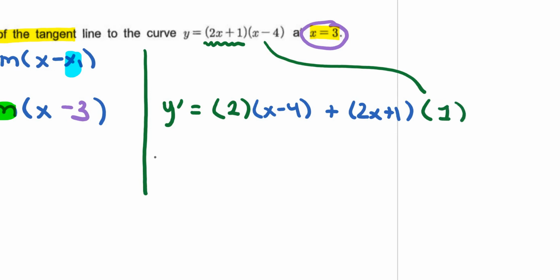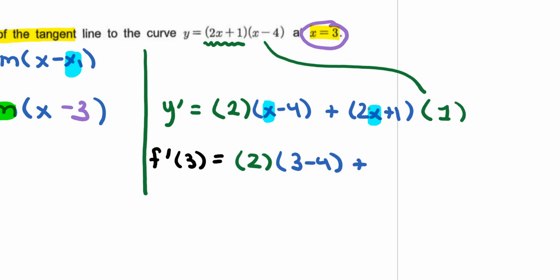After that, let's find the derivative value at x equals 3. Anytime I see an x here, I'm going to replace it with a 3. So this will be 2 times (3 minus 4) plus, and if I plug in 3 here, 2 times 3 is 6, so (6 plus 1) times 1. Let's evaluate this.